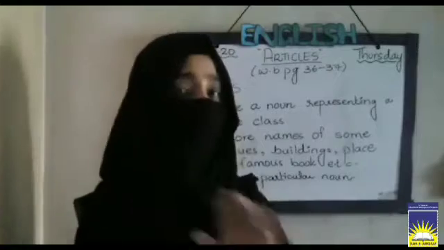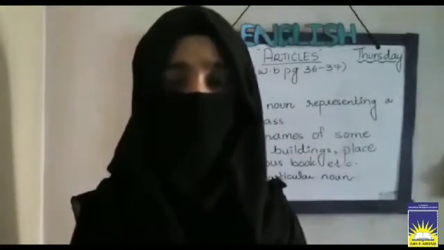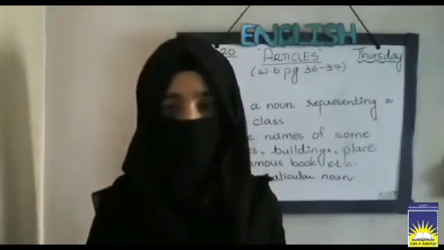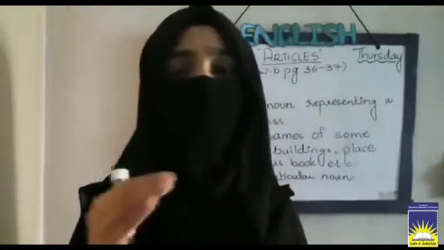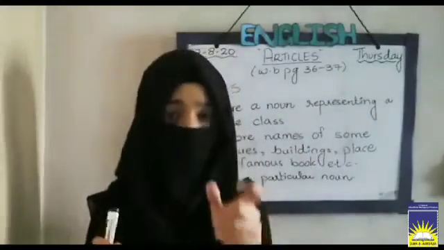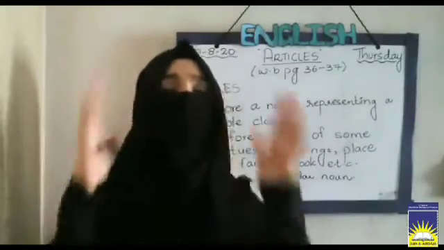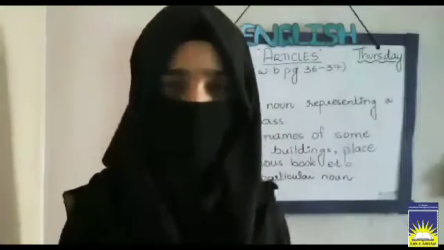It is not talking about a particular cow that is a useful animal, but in this sentence they are talking about all cows. So before that noun we use the. Similarly, you can find this in other sentences by remembering this rule: if the noun is representing the whole class, we use the before that noun.